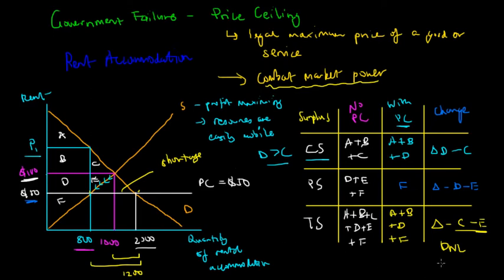And so this is represented by the deadweight loss of negative C minus E, or the loss of economic efficiency, or the loss of economic benefit by applying the price ceiling.